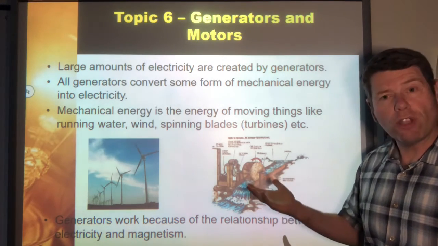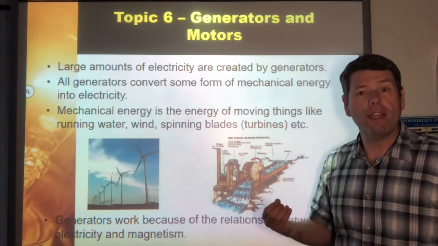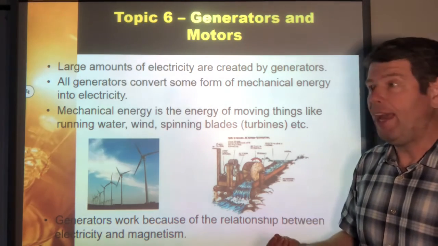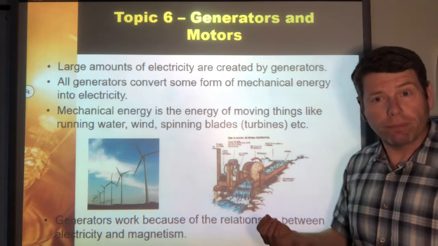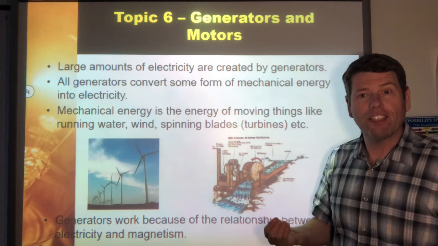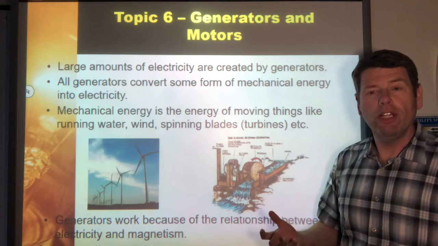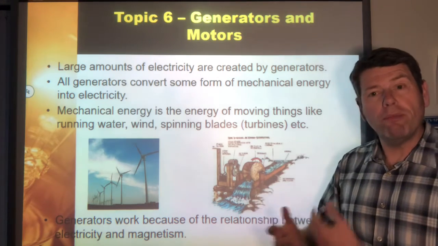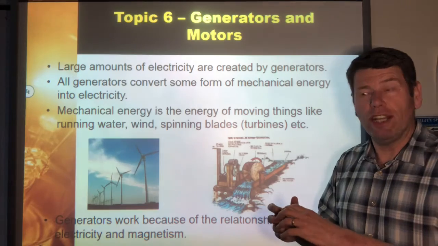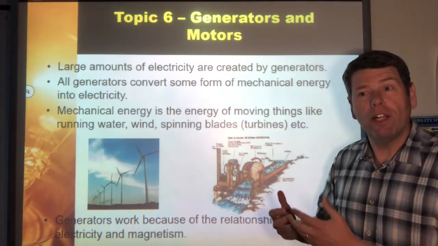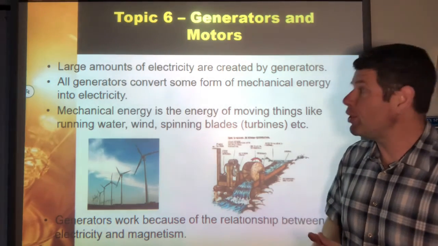Generators are the main way that we generate electrical energy. In Alberta, we often use steam that's generated from burning fossil fuels, and that steam power will create movement, which in an electric generating facility will cause electricity to be produced.